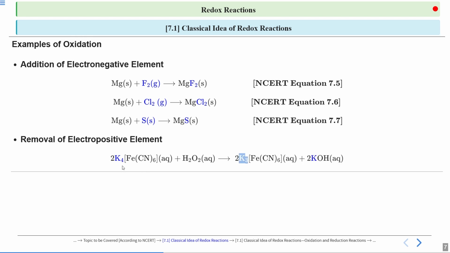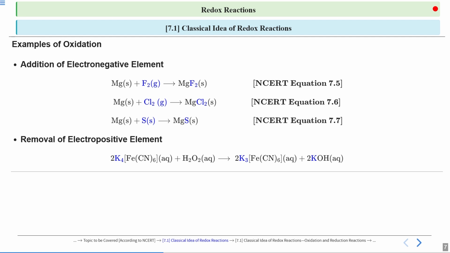There has been the removal of an electropositive element. That means a single potassium has been removed and it has been added to another product, that is potassium hydroxide. So we understand it in a manner that the removal of electropositive element from the reactant is also considered as an oxidation reaction.